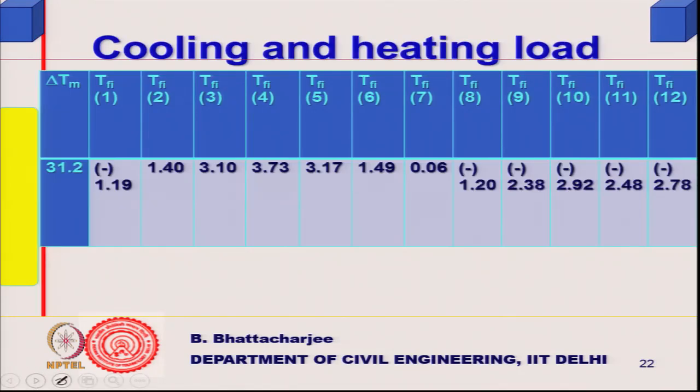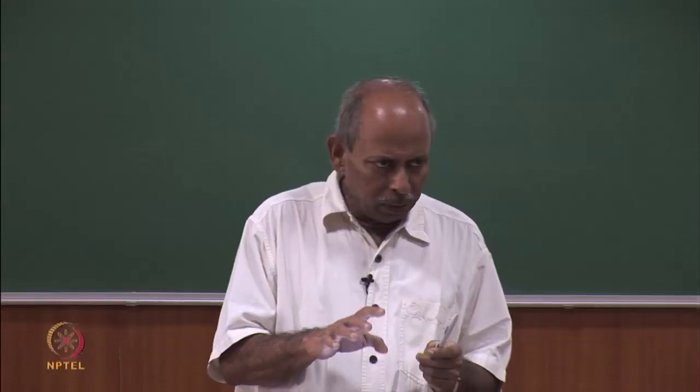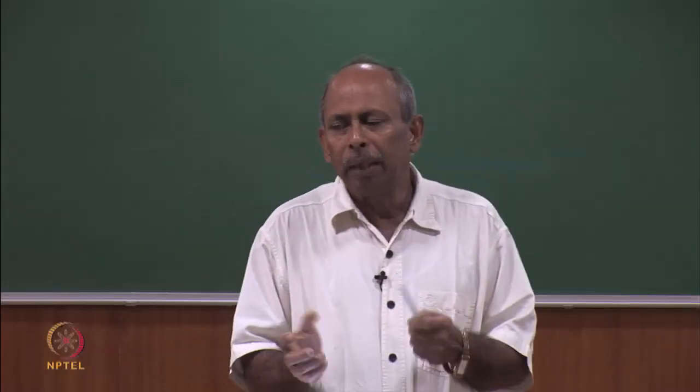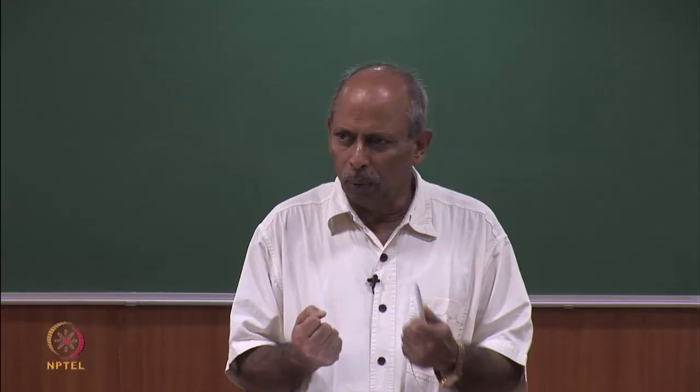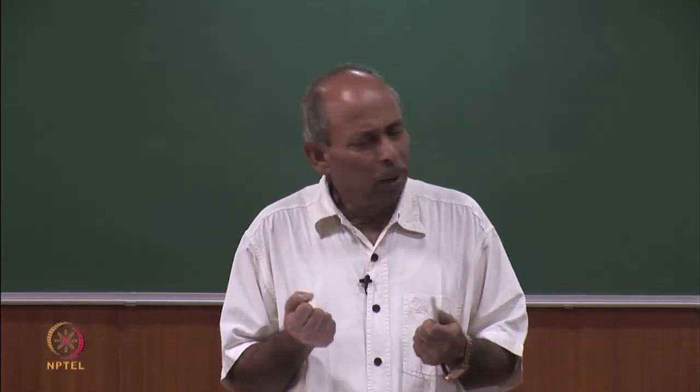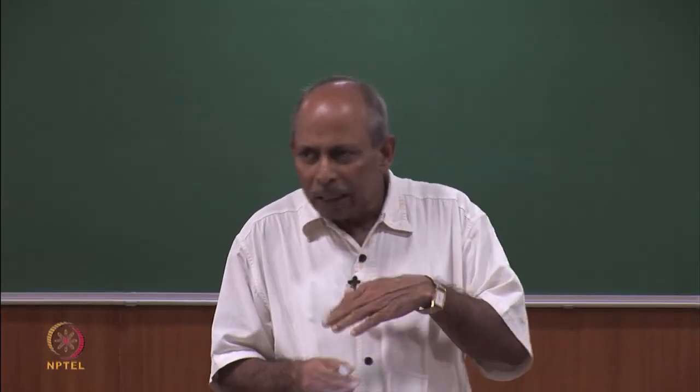And if you do that, you get delta Tm is this, and this is the swing in temperature. 31 minus 1.19 will be the first temperature, I think must be 6 am, and so on and so forth. So this is how we can find out the inside temperature, but this is how the matrix should look, and you have to obtain that matrix. You can try this example out and see if this is correct.